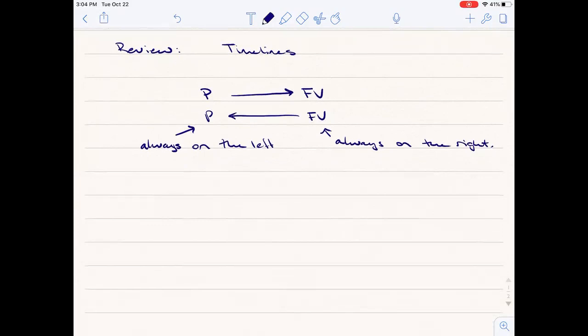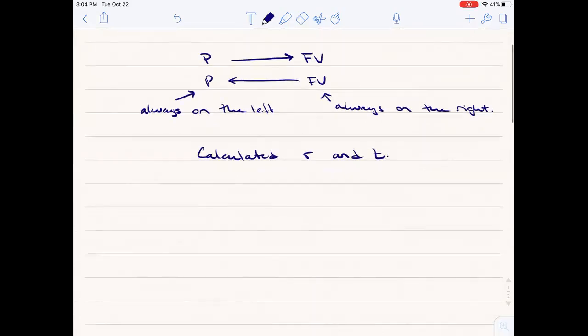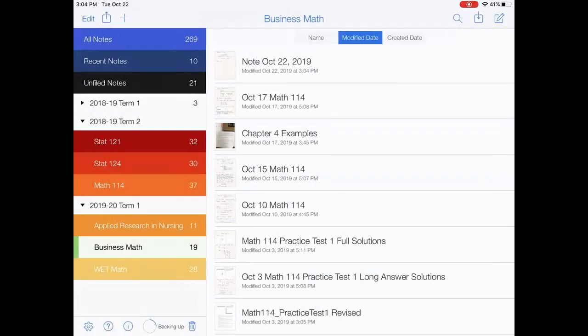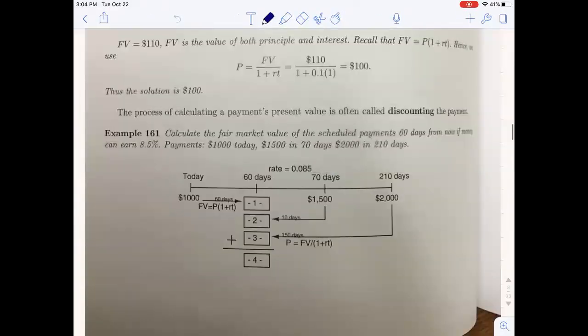And then we calculated R and T. And then we started example 161. So what I want to do is, you've got it already, right? But let's just work through it as kind of a review.